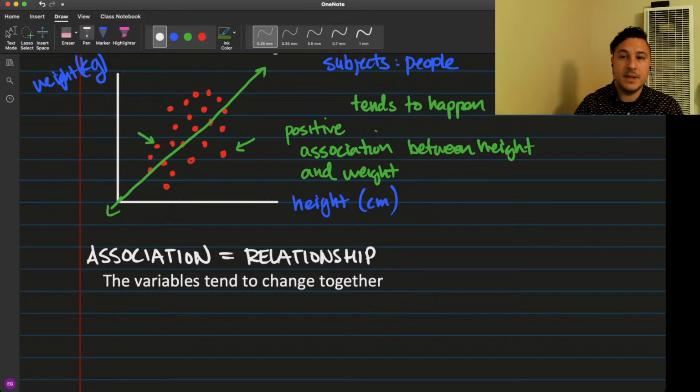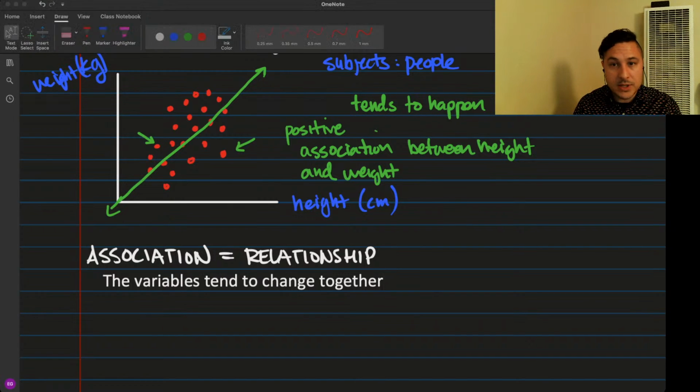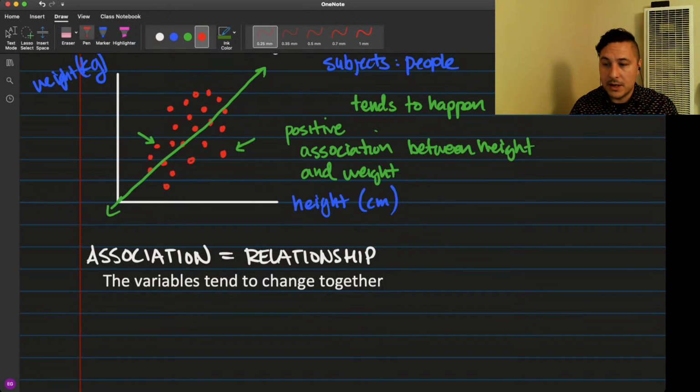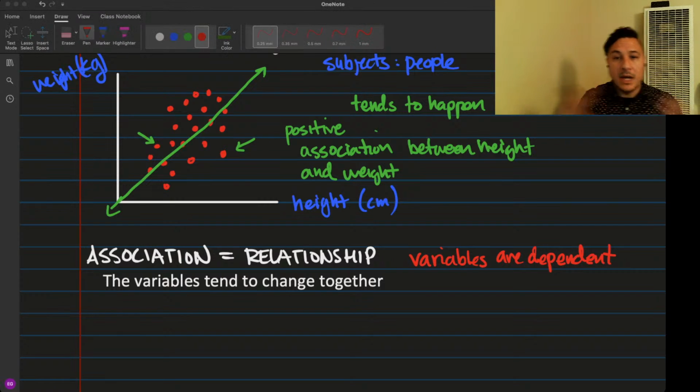If there is an association or relationship between the variables, we say that the variables are dependent. We get that because they depend on each other.